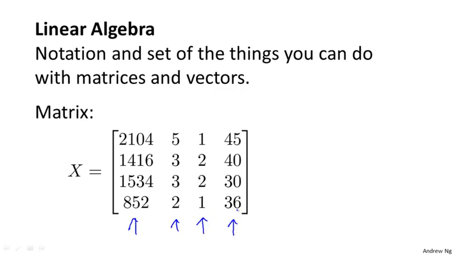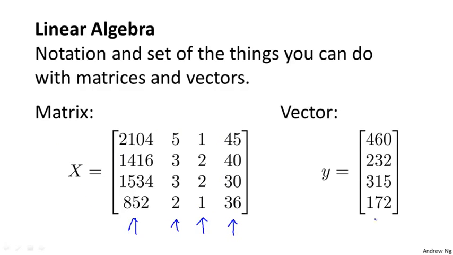A matrix is this block of numbers that lets me take all of my x's, all of my features, and organize them efficiently into one big block of numbers like that. And here is what we call a vector in linear algebra, where the 4 numbers here are the prices of the 4 houses that we saw on the previous slide.